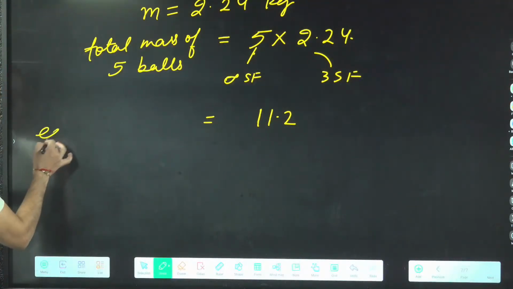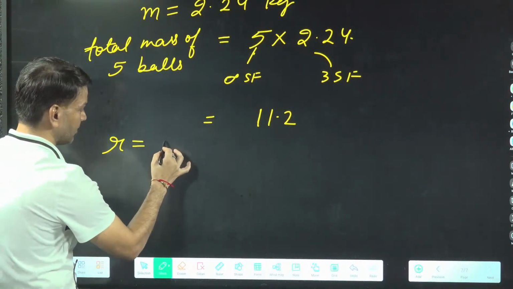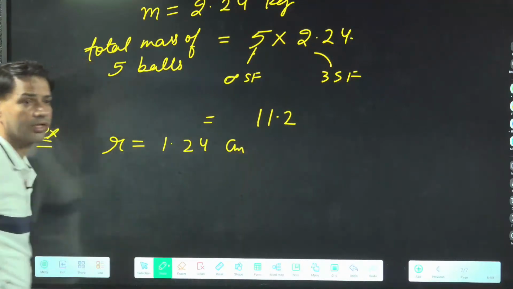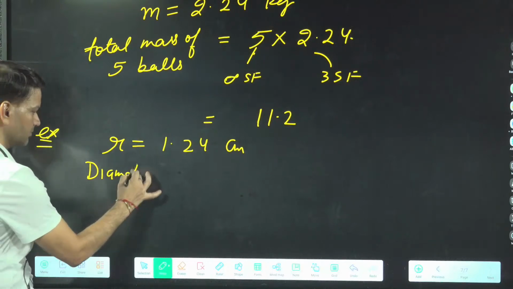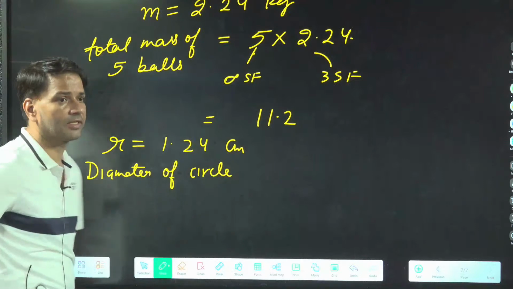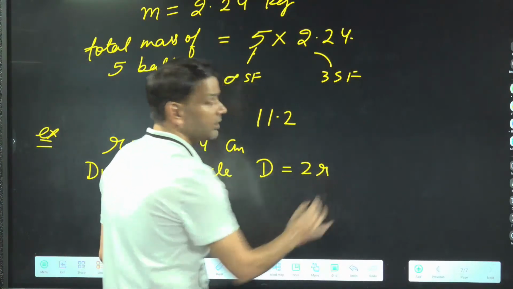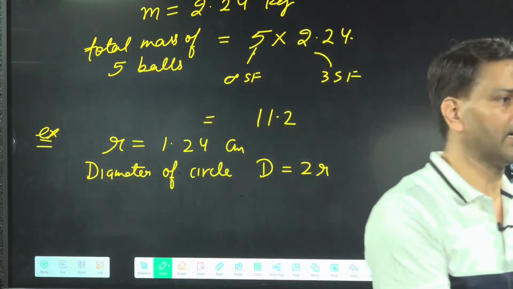Suppose the radius of the circle I am giving is 1.24 centimeter. What is the diameter? We know that the diameter D is equal to 2R, twice the radius. Again, this 2 is not experimental data.